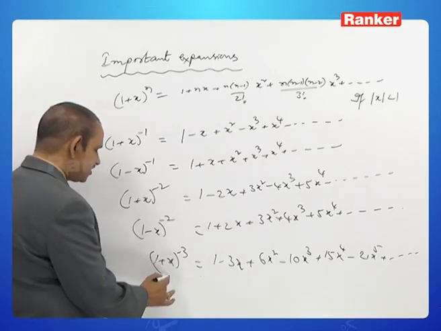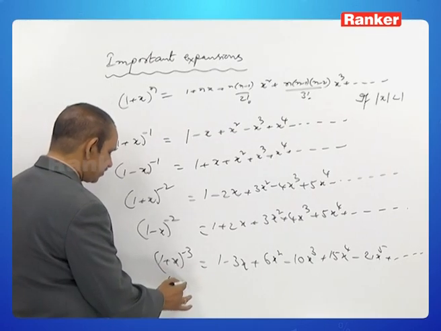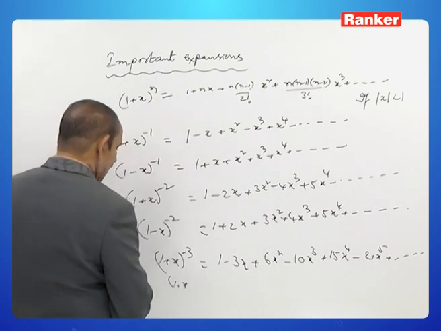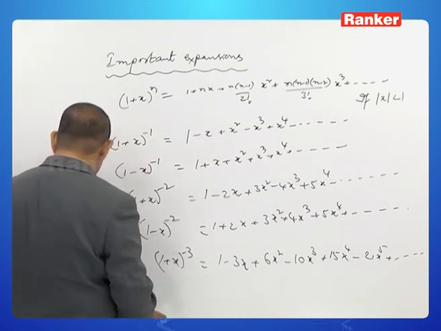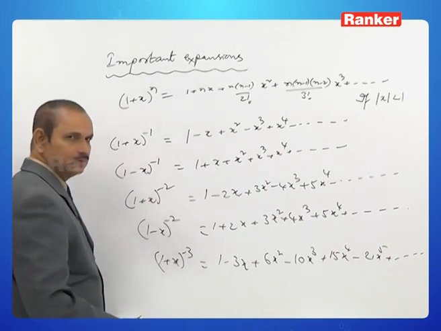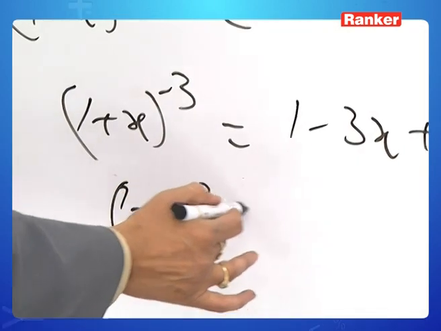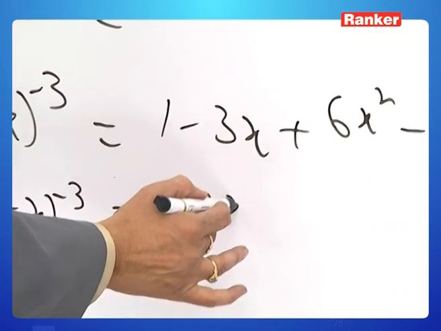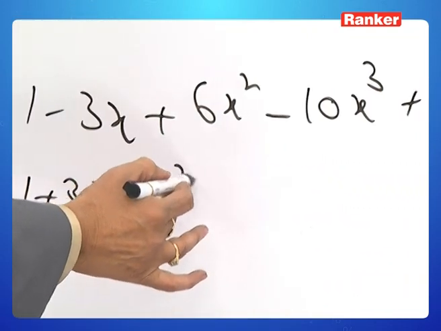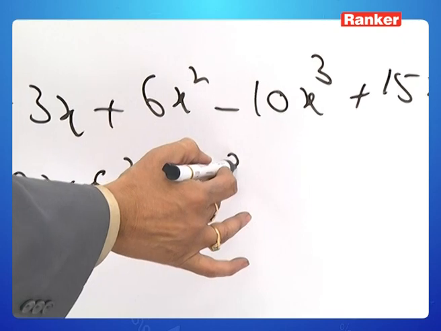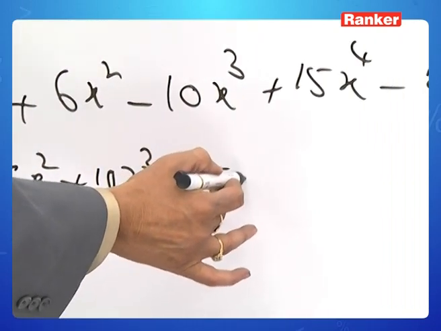Exactly in a similar fashion, you can trace the formula for 1 minus x whole power minus 3 also. It is 1 plus 3x plus 6x square plus 10x cube. Every term will be plus.